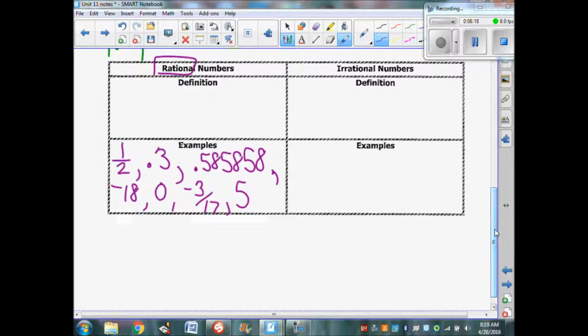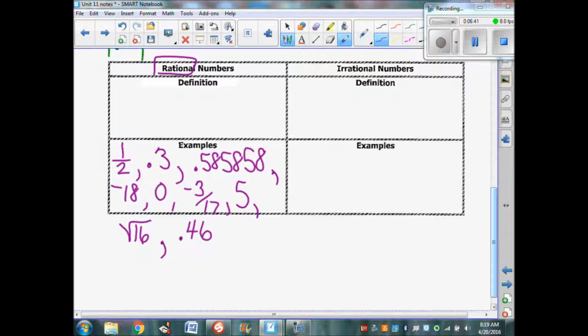Lots of random numbers here, but I want to give you enough examples so that we can come up with our definition. The square root of 16. You know now that the square root of 16 is 4. 0.46. These are all examples of rational numbers.